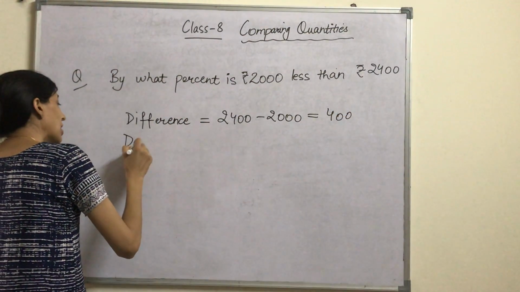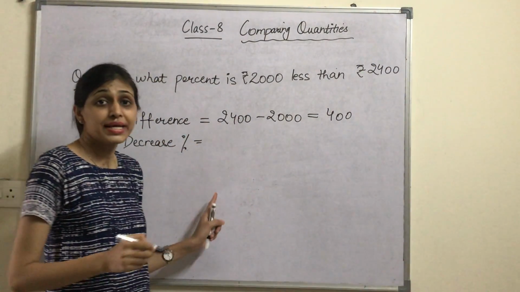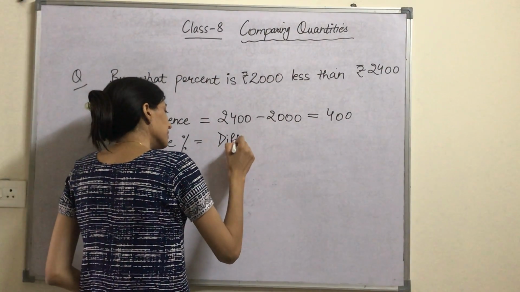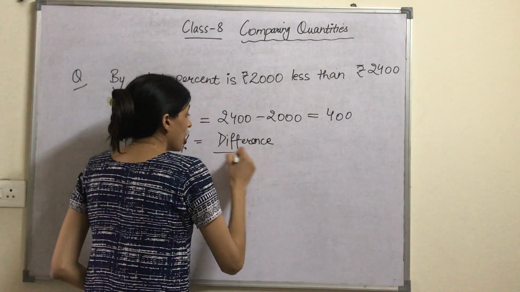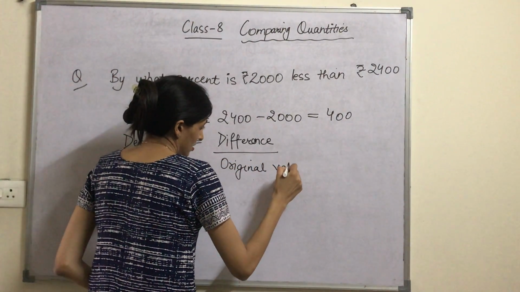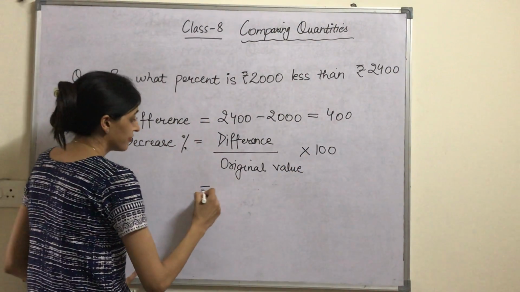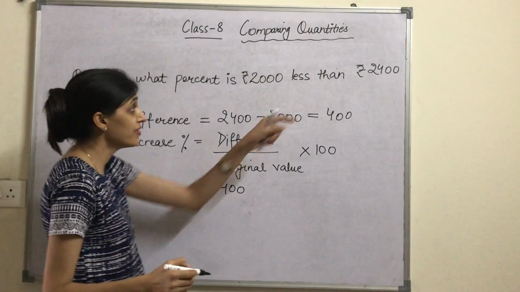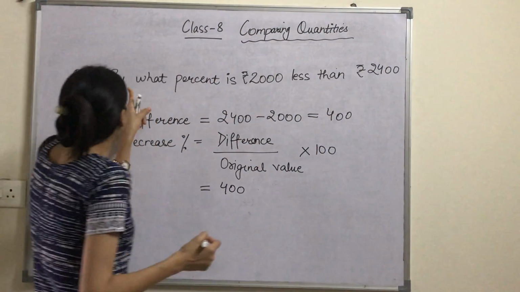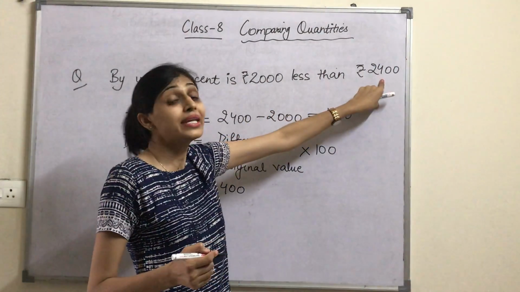Now we have to find the decrease percent. Decrease percent is the difference upon the original value into 100. The difference is 400. What is the original value? The original value is 2400, because we are asked by what percent 2000 is less than 2400.